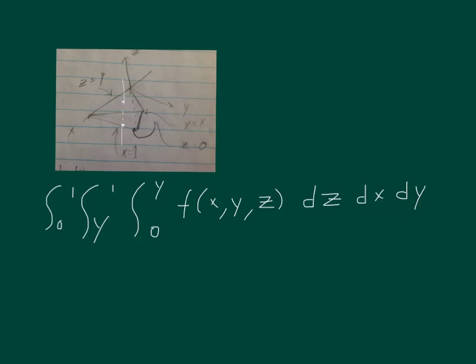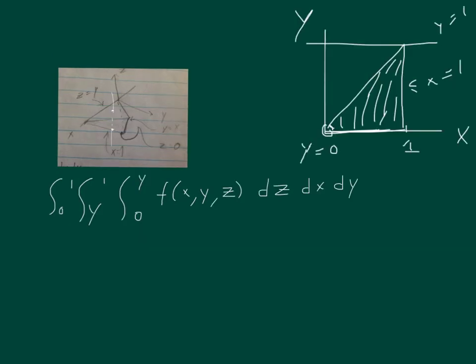This is our projection of our figure onto the xy plane, and we get very much the region that we obtained earlier. That same region is what they've used to find these limits. Back to double integrals, you use the same double integral techniques to figure out what the limits would be.